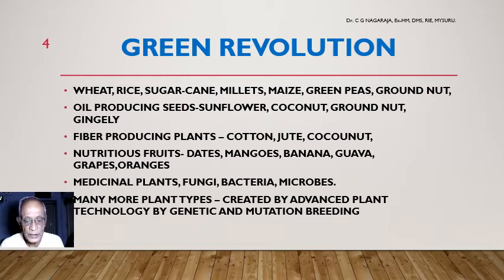Many more plant types are created by advanced plant technology, by genetic and mutation type of breeding. We shall examine what they are. But one thing we must remember, in India, the green revolution happened because of the breeding experiments, and we have to thank and be grateful to Dr. Swami who introduced these breeding methods in Indian soil.